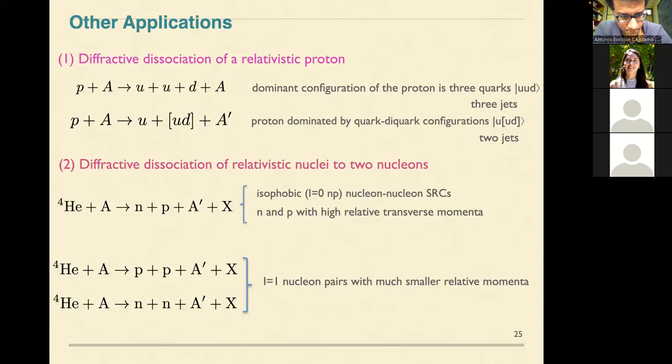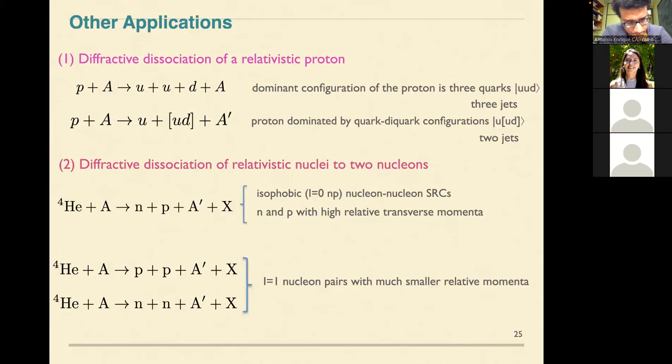And the same diffractive dissociation in nuclei. You can do the same for helium-4, the alpha particle, and test whether you have more possibility of a neutron-proton, or proton-proton, or neutron-neutron, to show that there is a correlation between neutron and proton compared to proton-proton and neutron-neutron.